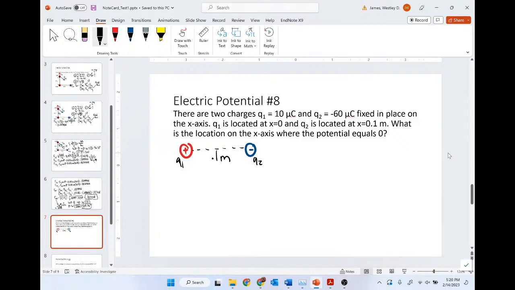All right. Step 1, what's given? Q1 equals 10 e to the minus 6. Q2 equals negative 60 e to the minus 6 coulombs. And the distance between these two, R12, equals 0.1 meters.